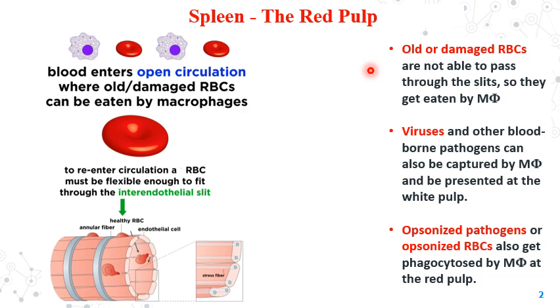Now, if you take your spleen out, who's going to take care of that? Mainly your liver. Your liver is going to take care of getting rid of all the red blood cells, okay?